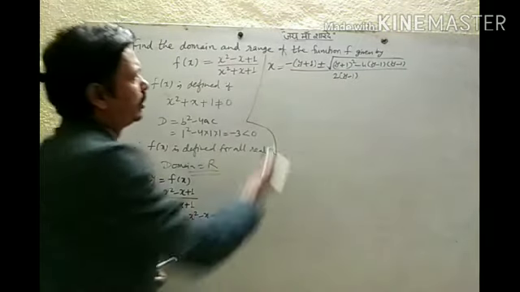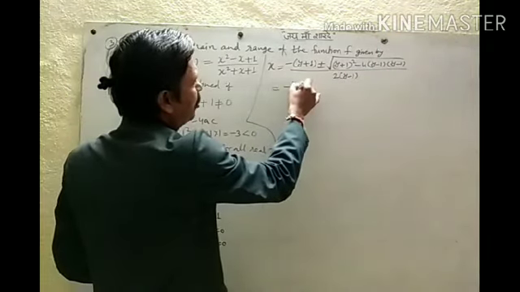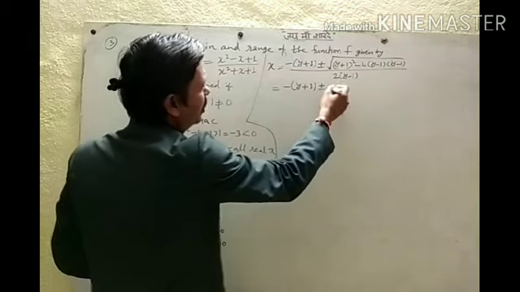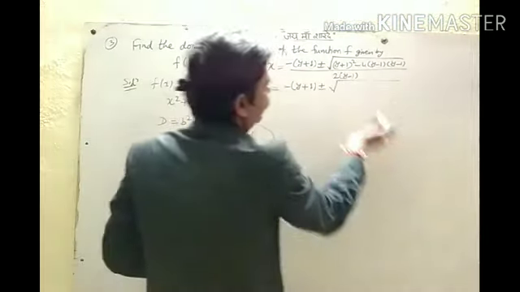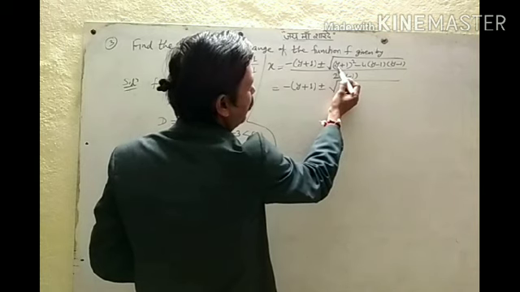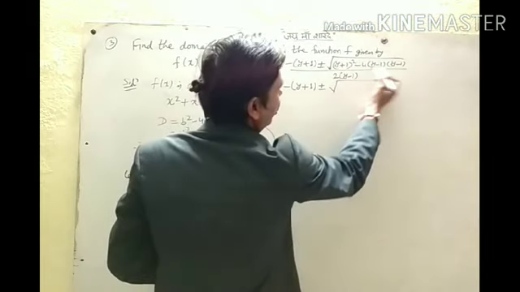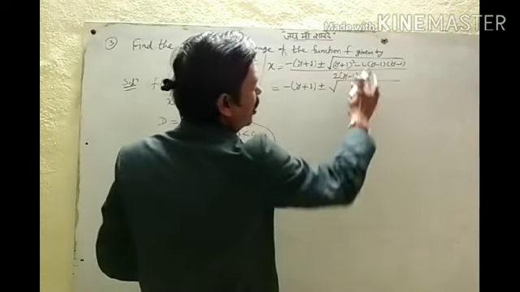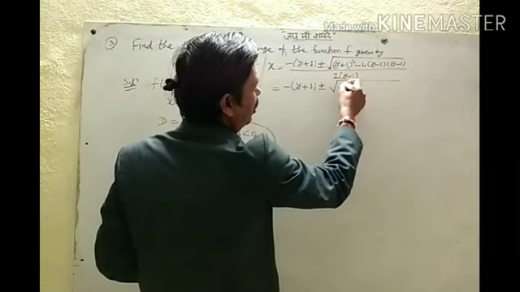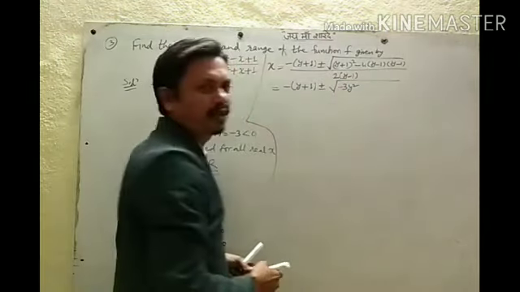Now we simplify, this is minus of y plus 1 plus minus. When you find this, we get y square, and from here y into y square into minus 4y square, minus 4y square and y square, minus 3y square.